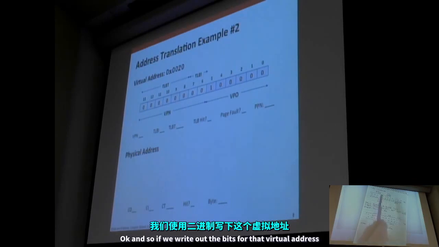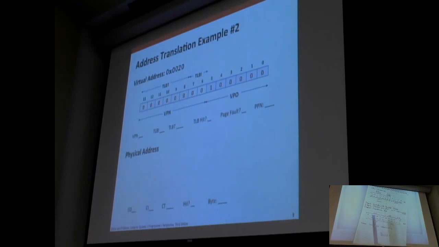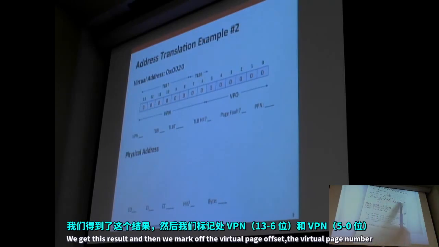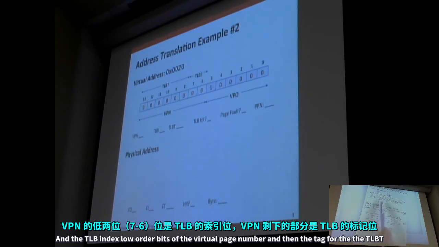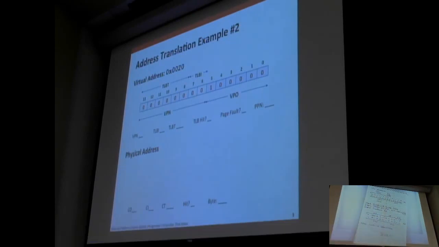If we write out the bits for that virtual address, we get this result, and then we mark off the virtual page offset, the virtual page number, and the TLB index, low order bits of the virtual page number, and then the tag for the TLBT.